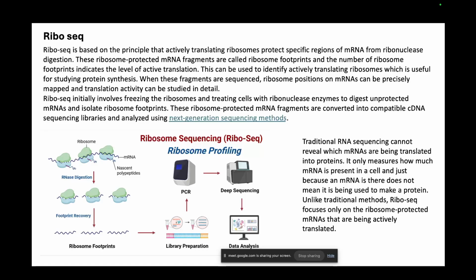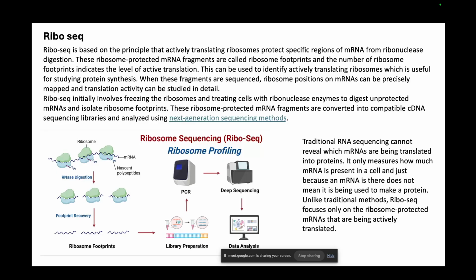Okay, now we come to something called RiboSeq. It is very similar to RNA sequencing, but let me explain the principle of RiboSeq. Why do we need RiboSeq if we have RNA sequencing and single cell RNA sequencing? RiboSeq is based on the principle that actively translating ribosomes protect specific regions of mRNA from ribonuclease digestion. These ribosome-protected mRNA fragments are called ribosome footprints, and the number of ribosome footprints indicates the active level of translation.